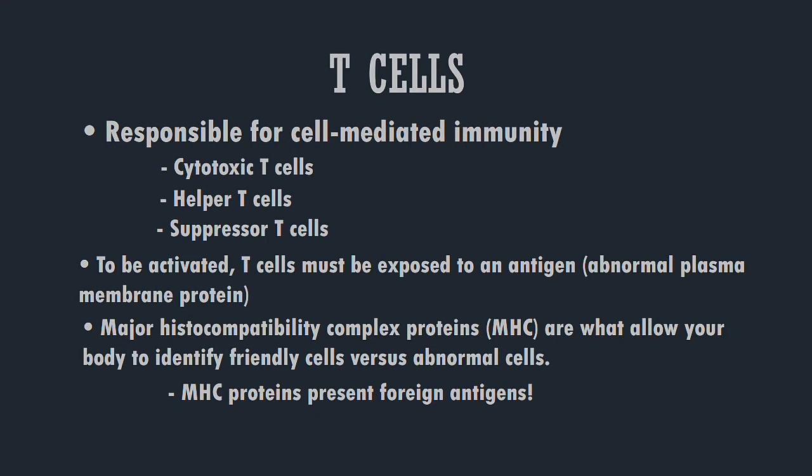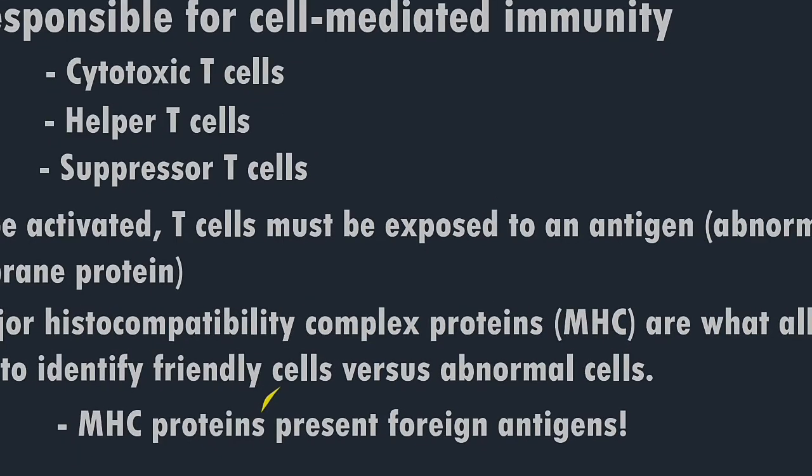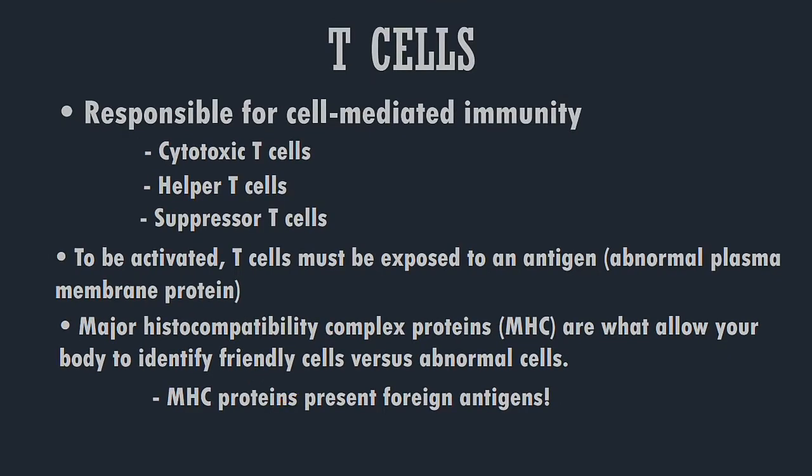Major histocompatibility complex proteins, or MHC, are what allow your body to identify the friendly cells versus abnormal cells. When we say friendly cells, we mean your own normal body cells.